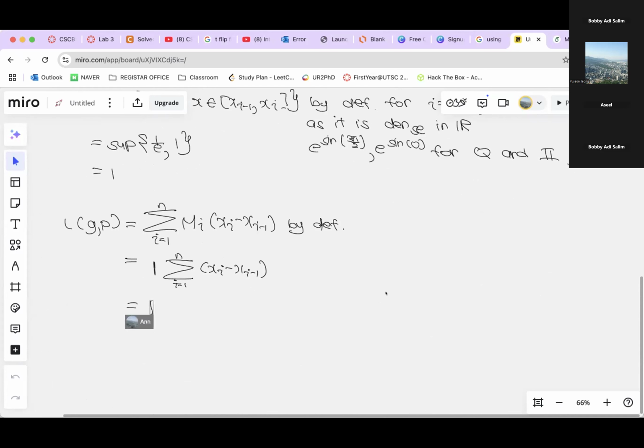So we write in here 1 times the length of [0, 1]. So it's just 1 minus 0, so it's just 1 over here. So we got this value.